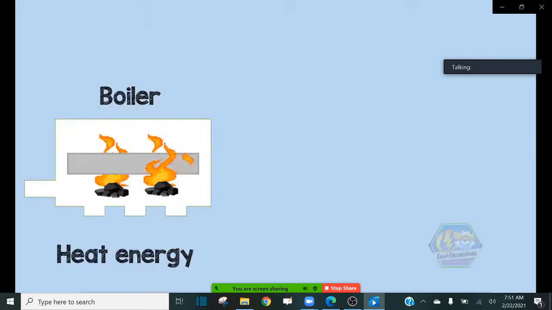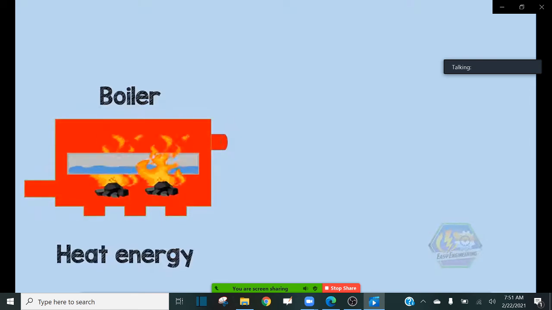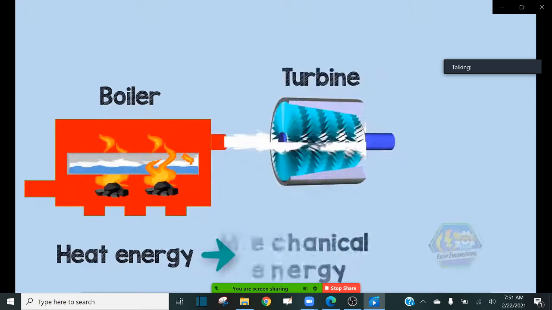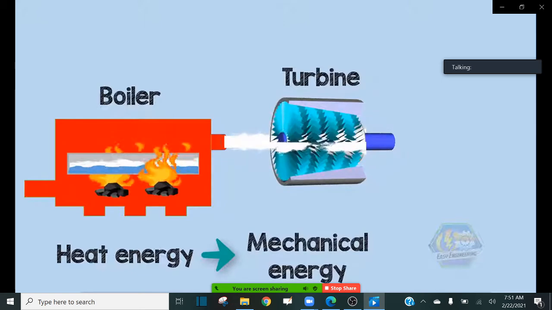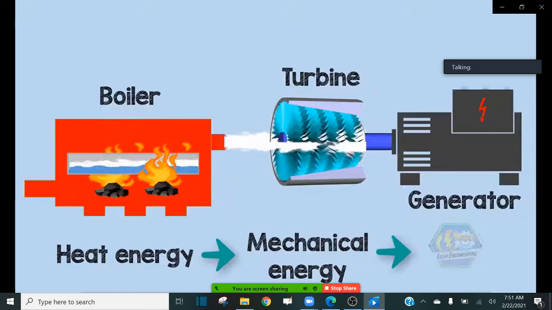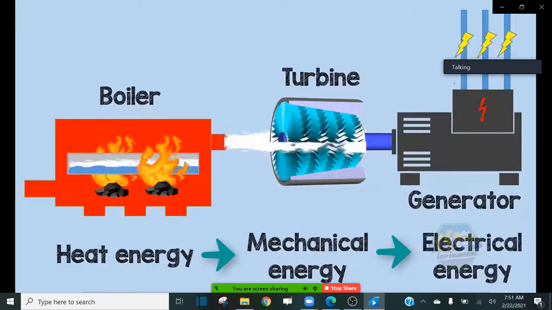Now, the heat energy will transfer its energy to the water above it, making it into steam. And the steam will rotate a turbine, and that's mechanical energy right there. And then, this turbine will rotate a generator, which converts that energy into electrical energy.